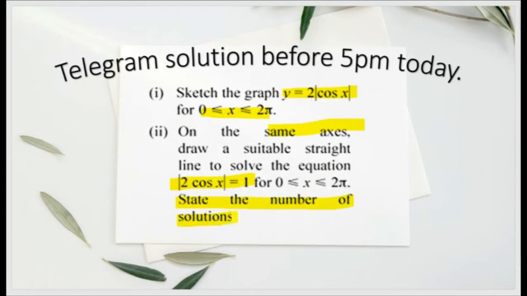You have to understand what the question wants. The question wants you to state the number of solutions, so you need to find the intersection points. How many intersection points is how many solutions. Can hear, right?